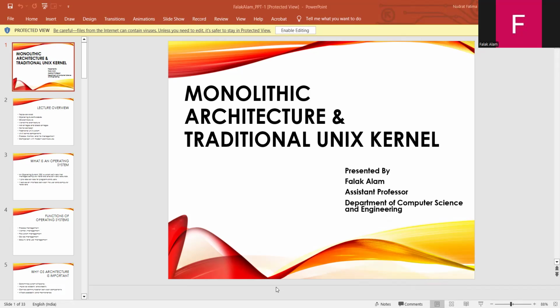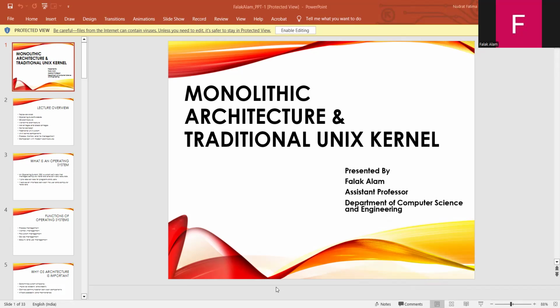Then we will move on to the kernel concept. The kernel is the core component of an operating system that interacts directly with the hardware. And after that, we'll study the traditional Unix operating system, which is a classic example of a system that uses monolithic kernel architecture.